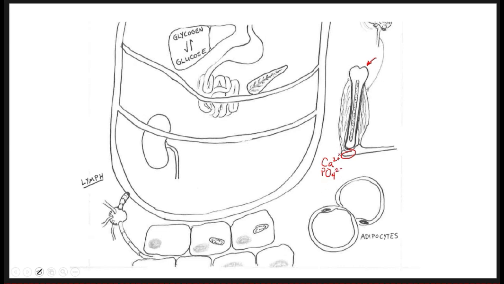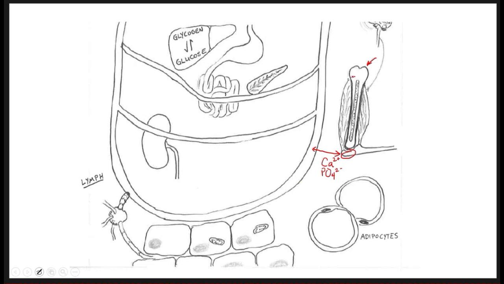And that stores a lot of those minerals that can be then transported into the bloodstream. And if the blood has extra, they can put them back into the bones. And so bones are an important ion storage. If we need more calcium, we can just pull it out of the bank that's in the bones.